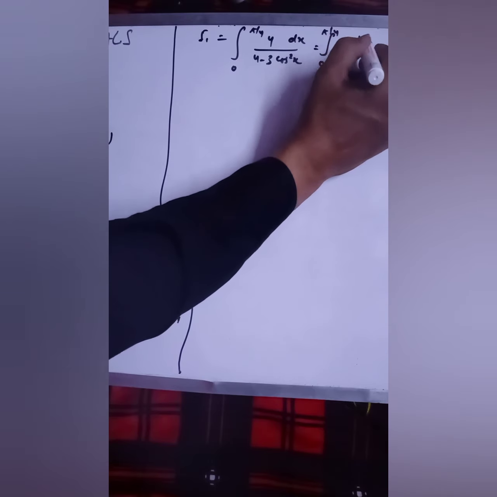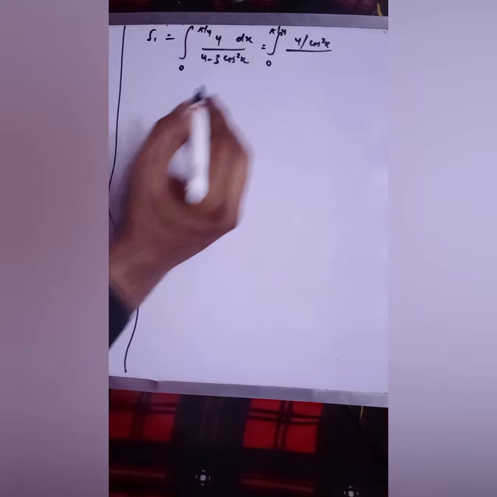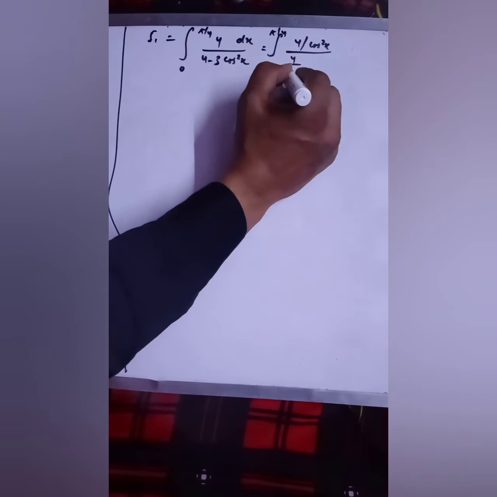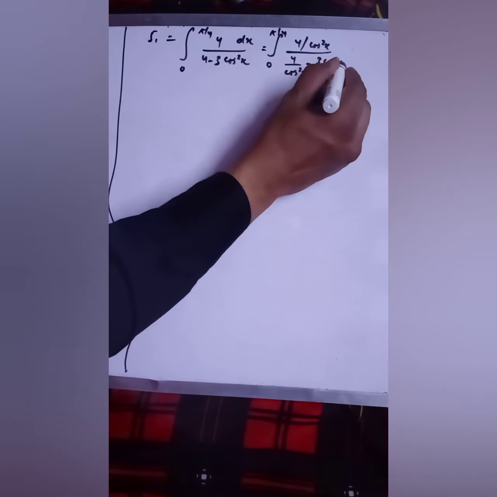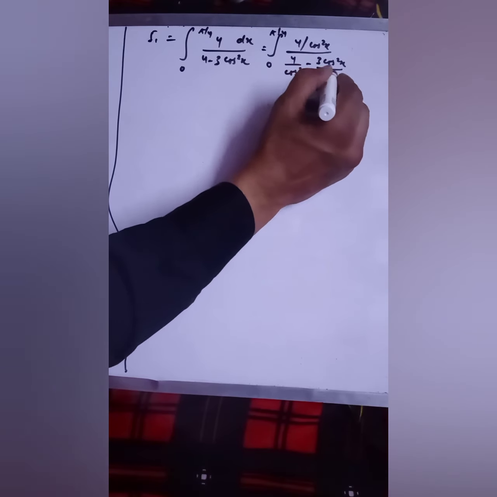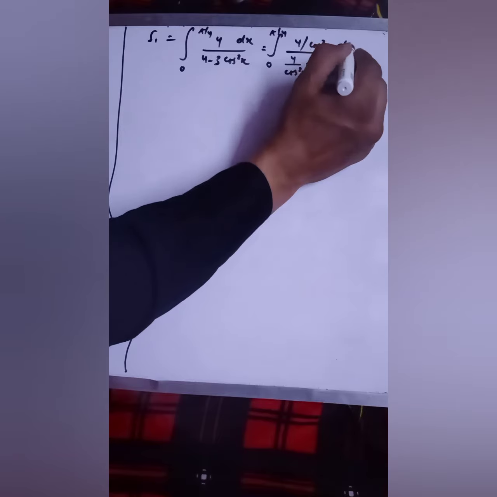So this 4 by cos square x over 4 over cos square x minus 3 cos square x over cos square x into dx.